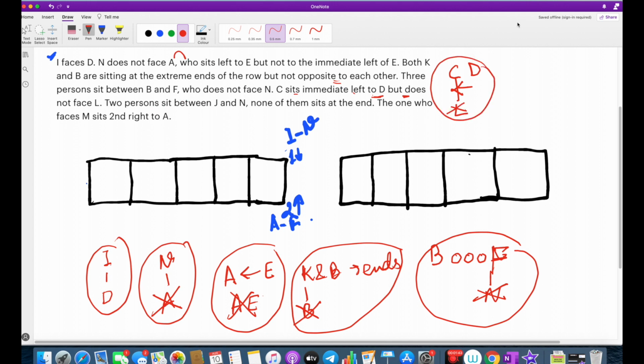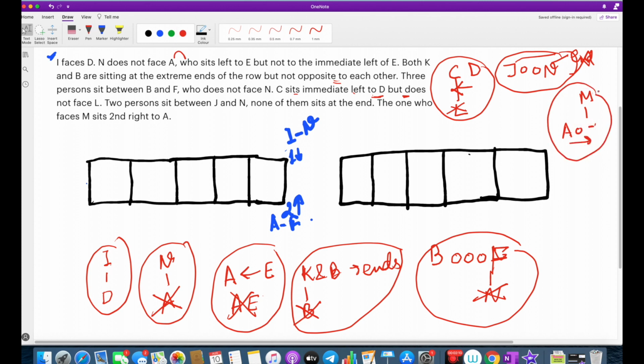Two persons sit between J and N. Next. None of them sits at the end. So they are not sitting at the corners. The one who faces M sits second to the right of A. Okay, so these are all the conditions that we have here.